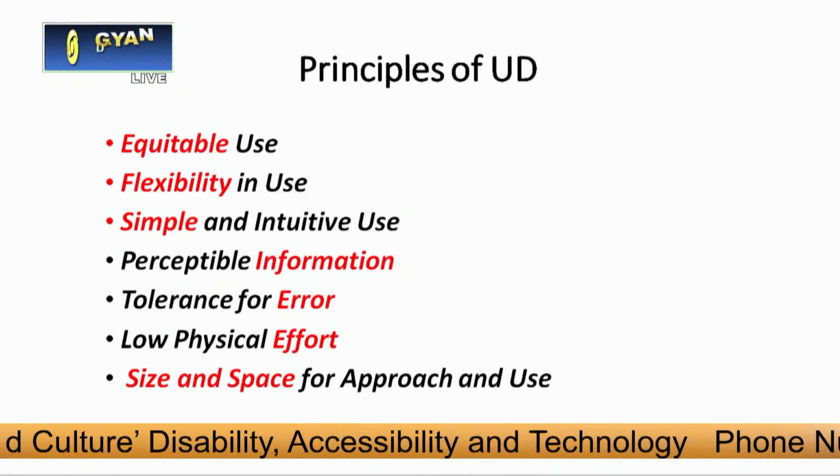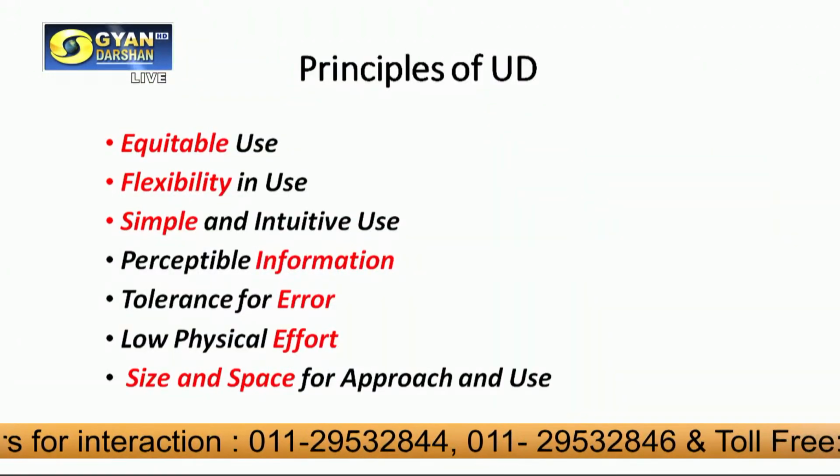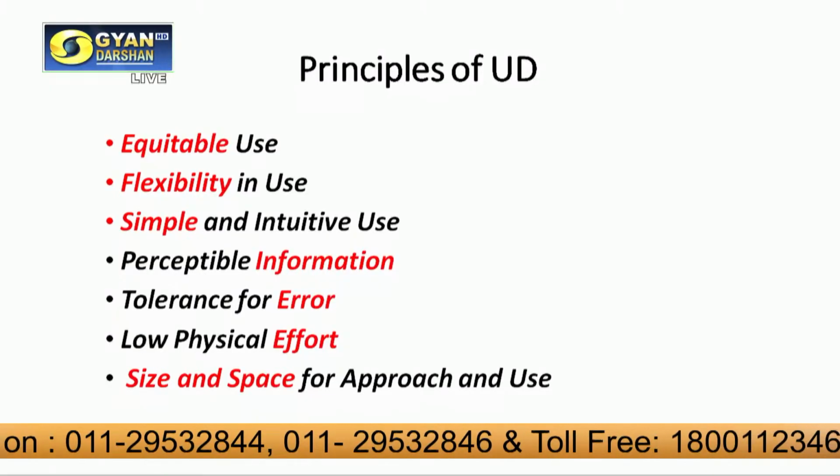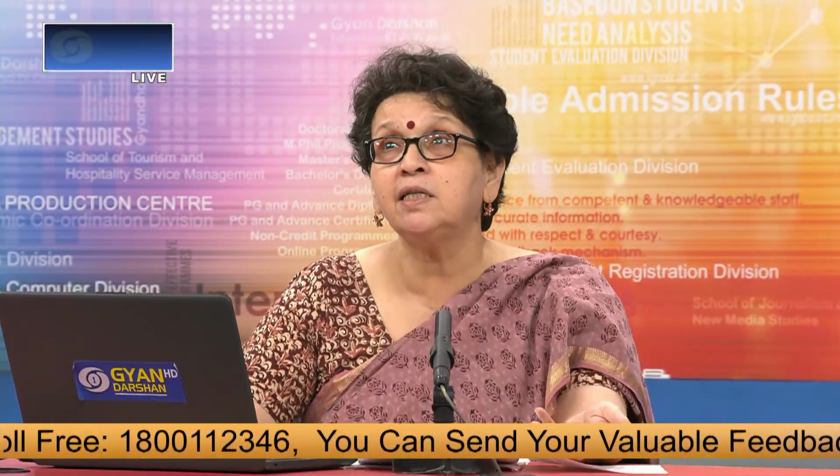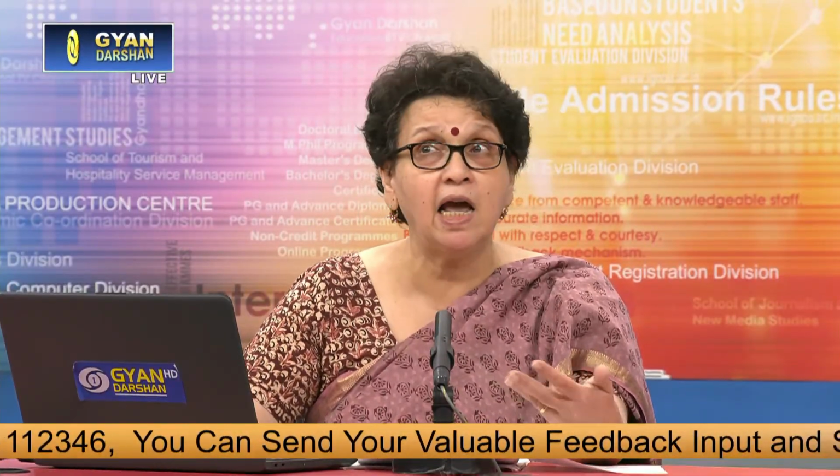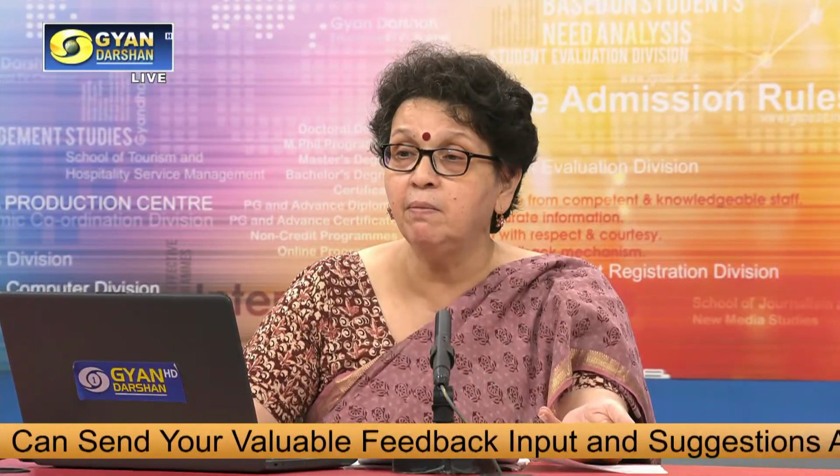The individual should not have to take a lot of physical effort to use the product or service based on universal design. And there should be size and space for approach and use. It should be made in such a way that people can approach it easily, and the size is such that people can access or use it in an easy manner.